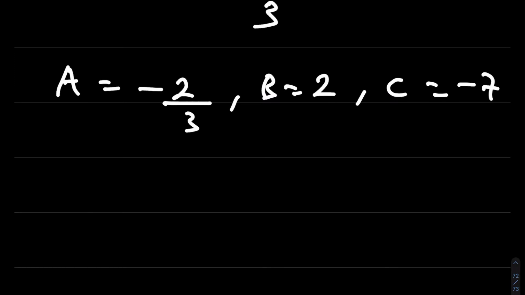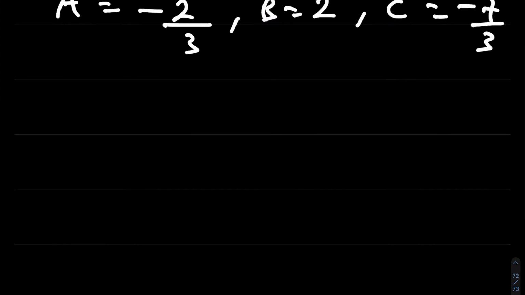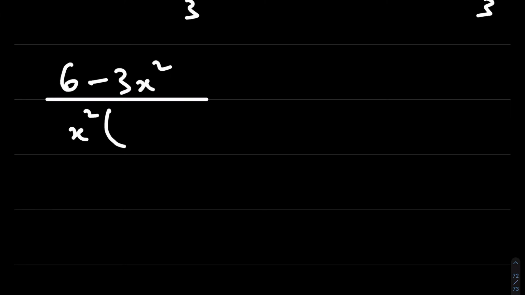minus 7 over 3. So that means the fraction that I resolved into partial fractions, which is 6 minus 3x squared over x squared times x plus 3, is equal to a over x.